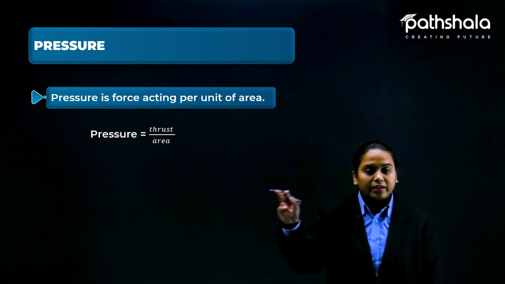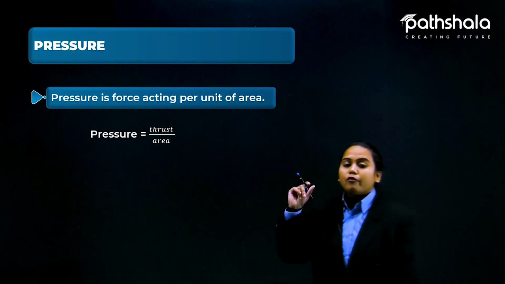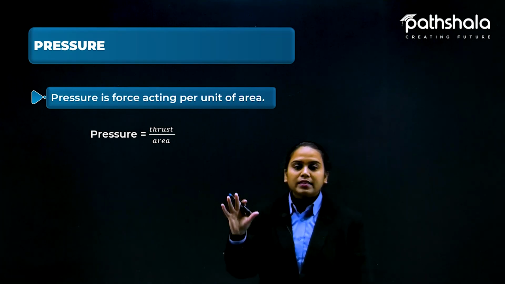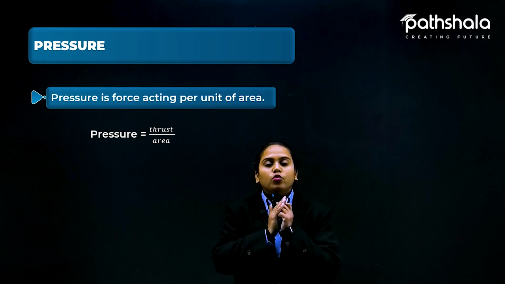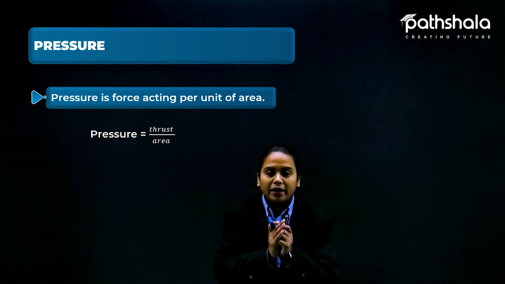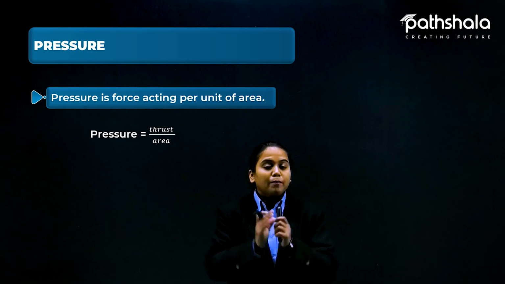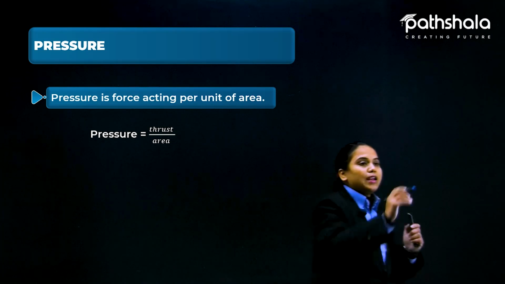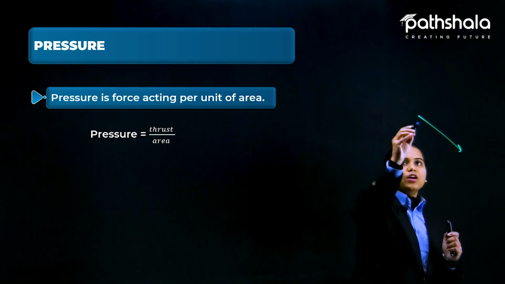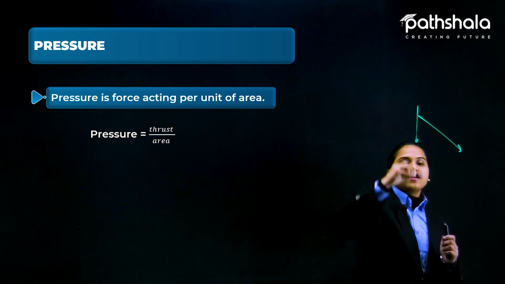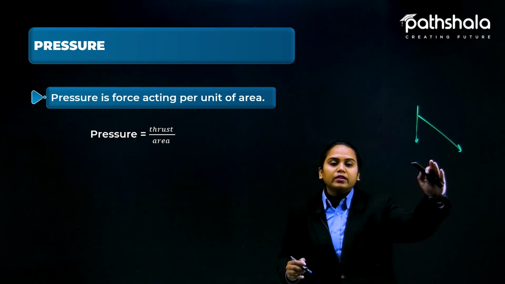And why have we written thrust here? Because for this class, you need to learn just the perpendicular force. Any force that makes a certain angle with the surface, you are going to read in the higher standard.